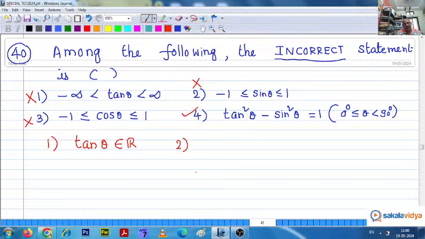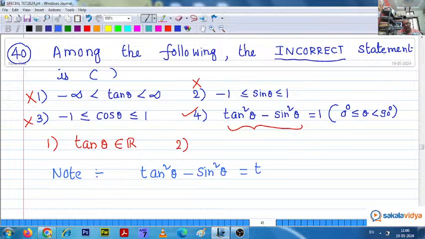Fourth one is the answer. Why it is wrong, I'll give the note with the correct statement. Note, tan square theta minus sin square theta is equal to tan square theta into sin square theta. It is correct.